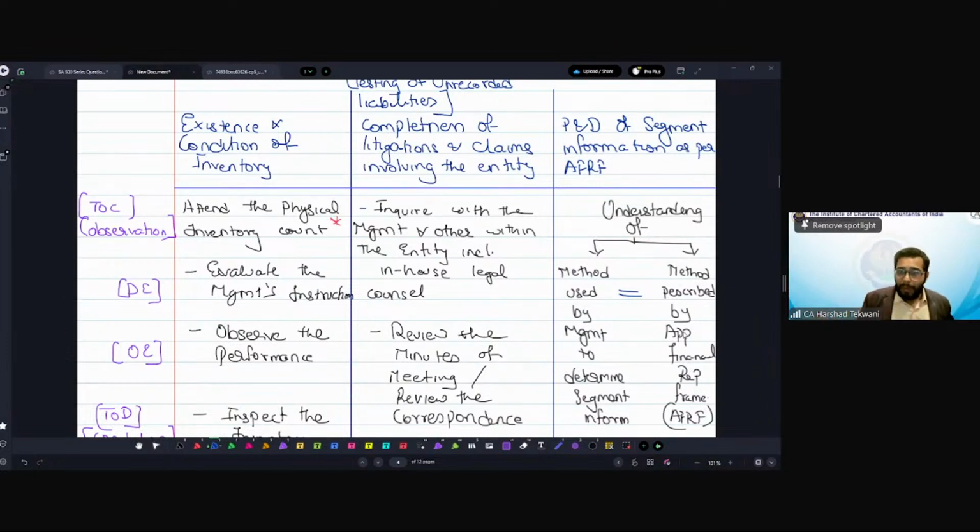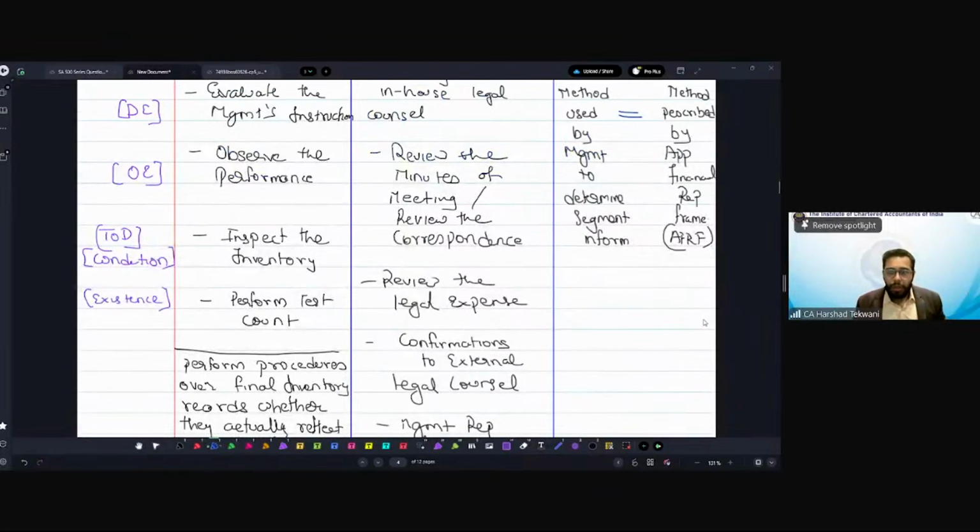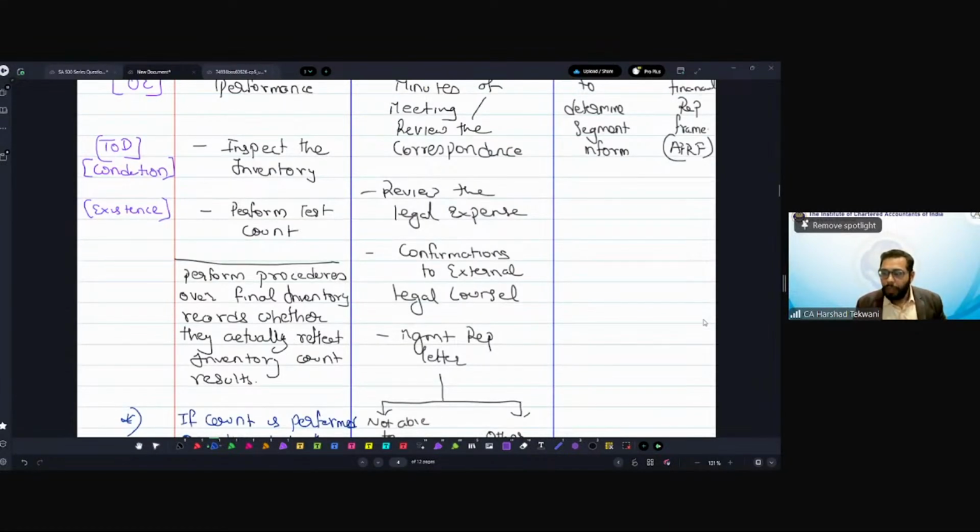If the method used by management is different from the one prescribed by the financial reporting framework, there is an issue. So you need to evaluate whether they are similar methods, or whether the method used by the management is likely to result in disclosures in accordance with the financial reporting framework, yes or no. Accordingly, we come to a conclusion.